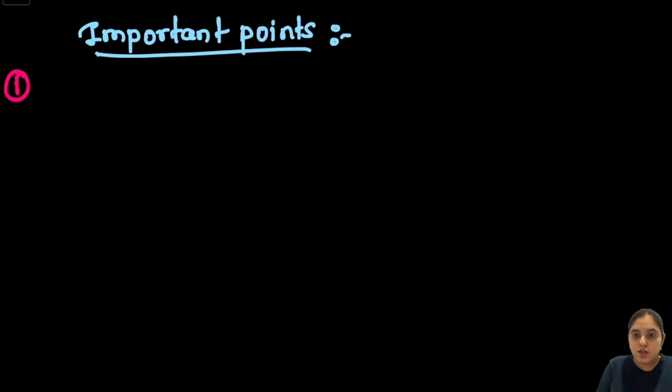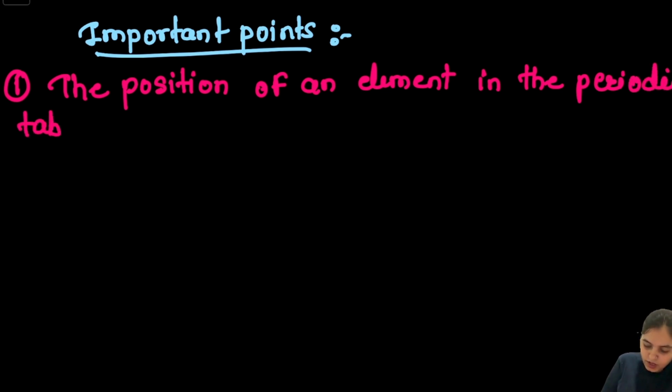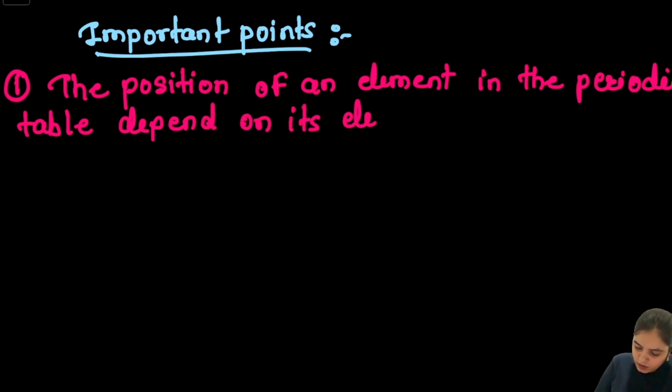So you have to remember some important points of this slide. The position of an element in the periodic table depends on its electronic configuration.